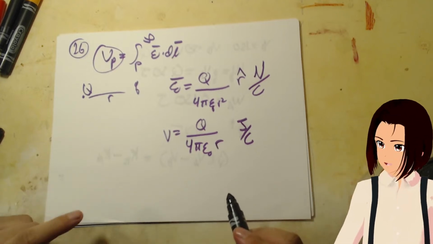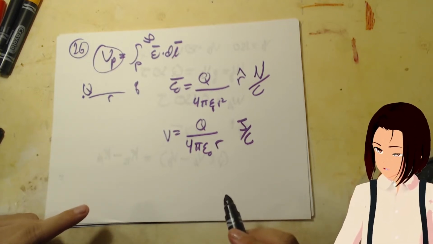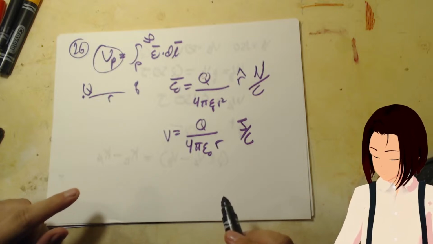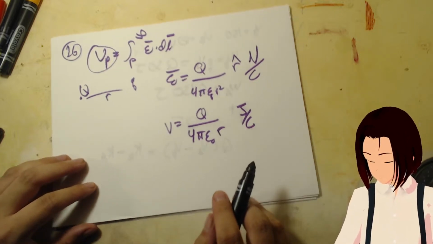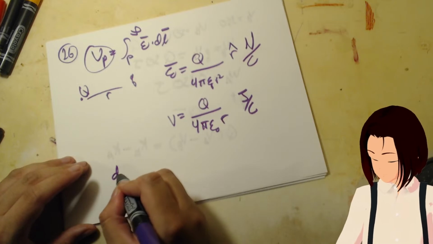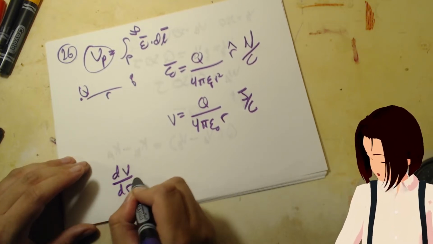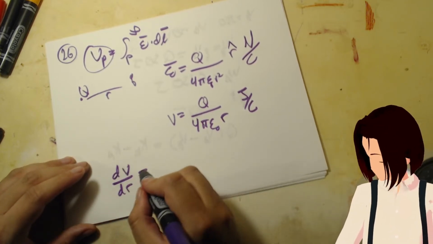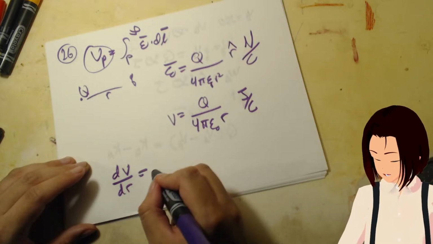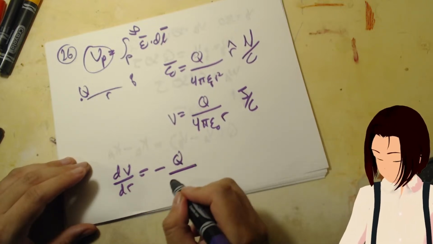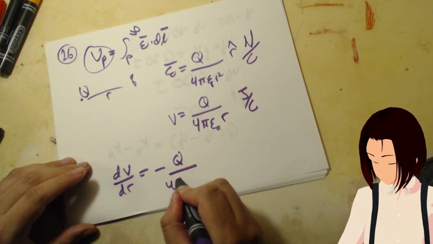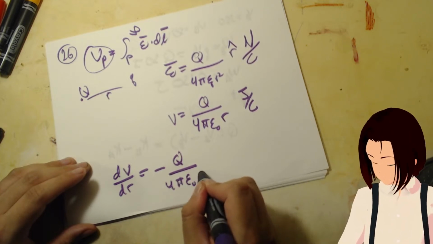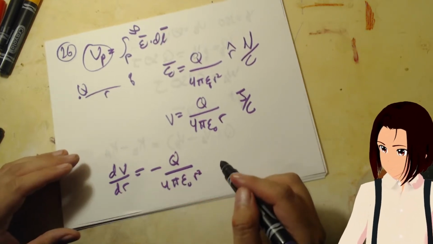So if we take the derivative of the voltage, let's see what we get. dV dr, we get negative... Oh, look at that.